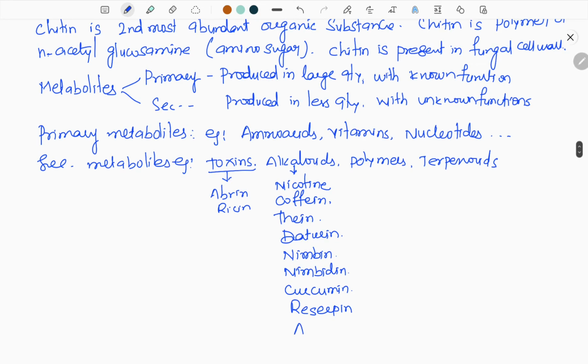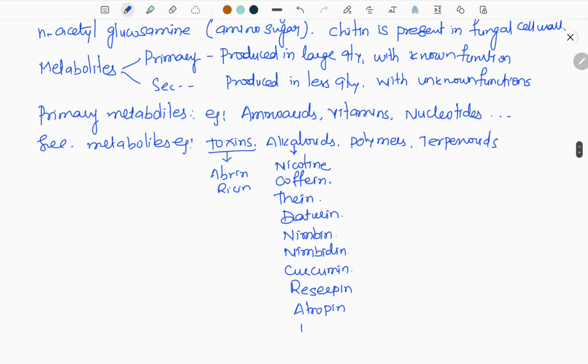And atropine, an alkaloid present in Atropa belladonna, that is a member of Solanaceae. So from that atropine is obtained. And morphine is also an alkaloid that is obtained from Papaver somniferum. Codeine is also an alkaloid. All are drugs. Methylated morphine, or modified morphine, is called codeine. So these two all can be called alkaloids.